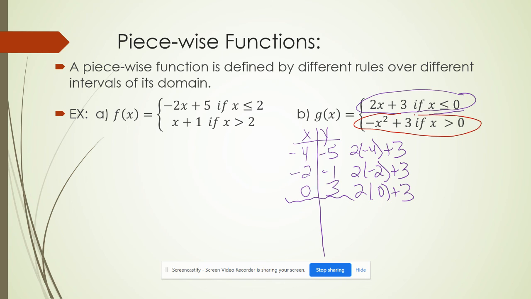I'm going to use this bottom one when x is greater than 0. So we'll do 0, but remember this is going to be an open circle because it is not equal to. So I'll do 0, 1, and 2, just because of that x squared there. So we would have negative 0 squared plus 3, which is 3.